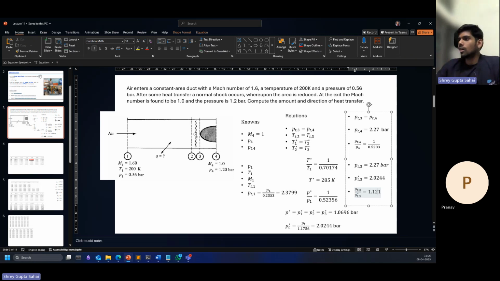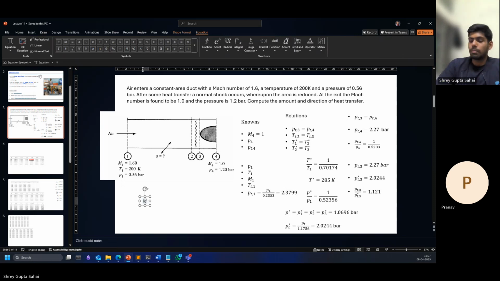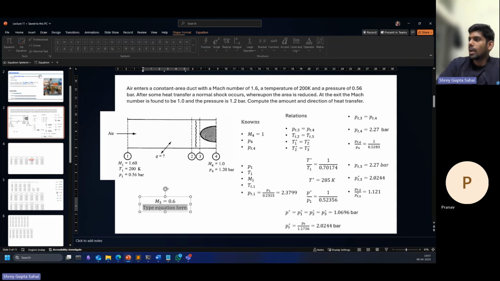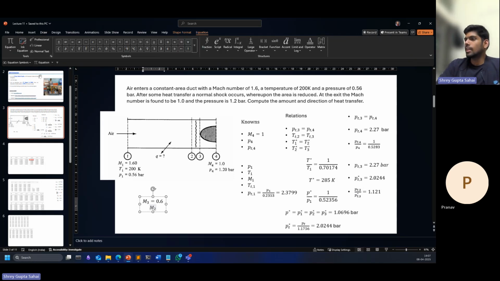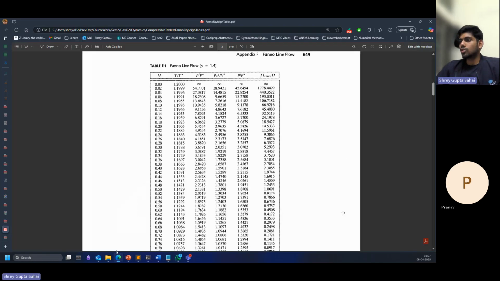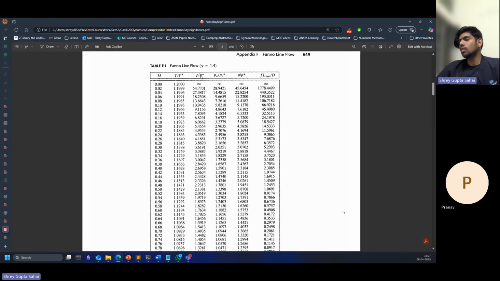Now let me write this down. Mach 3 is 0.6, let's say. We can do it more accurately: try to interpolate and see what value it is. The Mach 2 is something that we will get from the normal shock tables.